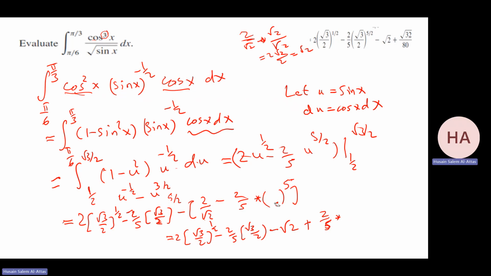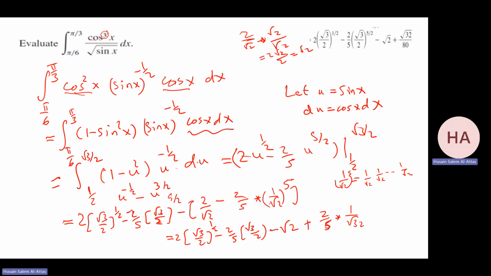Sorry, it's half, which is 1 over square root of 2. As I said, 1 over square root of 2 to the power 5. That will be 1 over square root of 2 times 1 over square root of 2 times 1 over square root of 2, and that will be 1 over square root of 32.